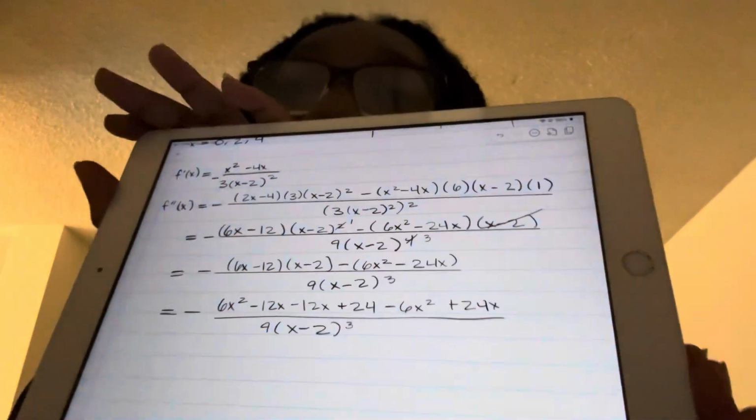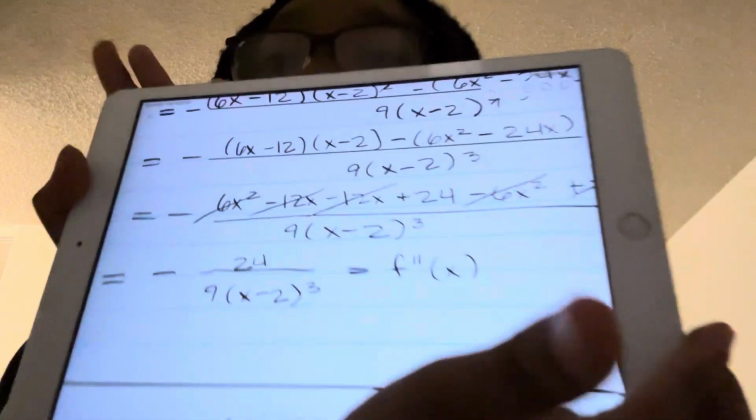We can cancel out a lot of this: the 6x squared and the minus 6x squared, the 24x, and the two minus 12x's. So now we'll have 24 by itself on the top, and 9 times x minus 2 cubed on the bottom. We can't really do any more with that, so that is our second derivative, f double prime.